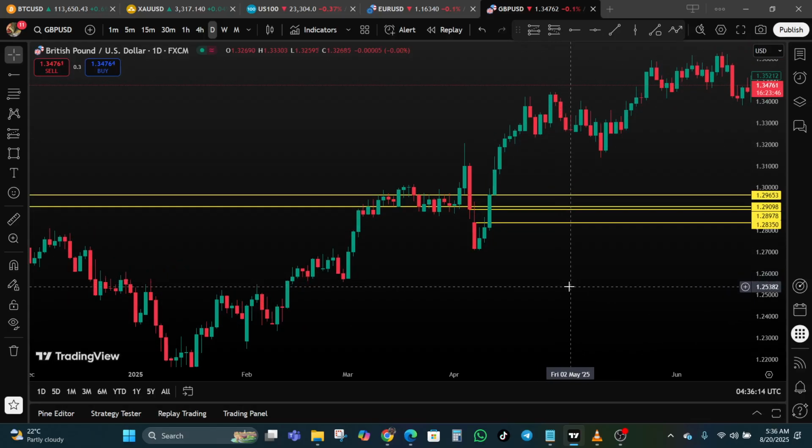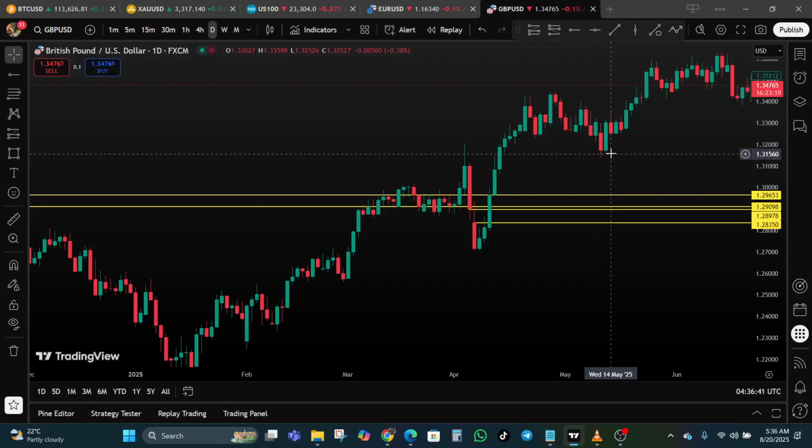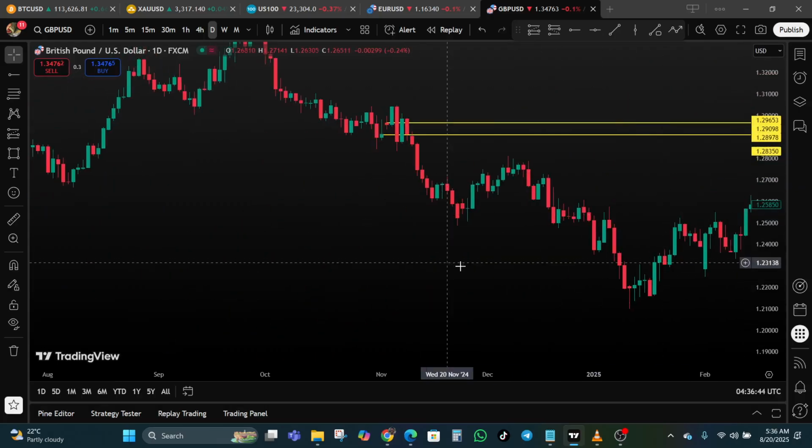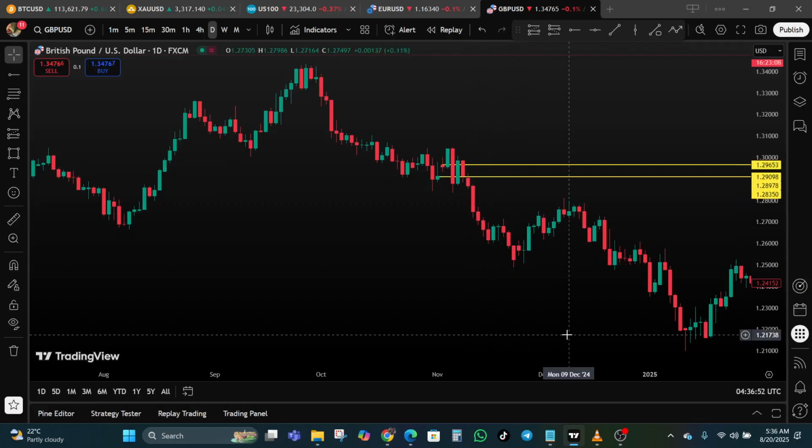And if you combine this knowledge with market structure, you can anticipate the most likely reaction. For example, if your higher time frame structure is bullish, and the new day opening gap is below price, you can watch for the market to dip into that gap before pushing higher. On the other hand, if structure is bearish and the gap forms above price, it may retest that gap before continuing down.